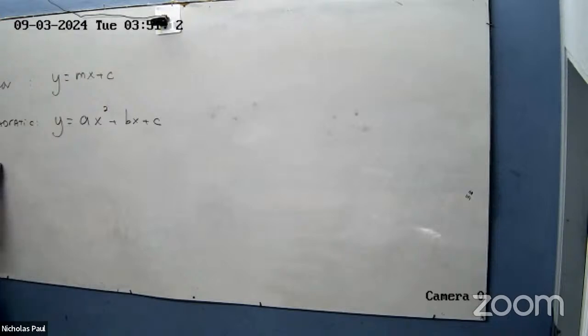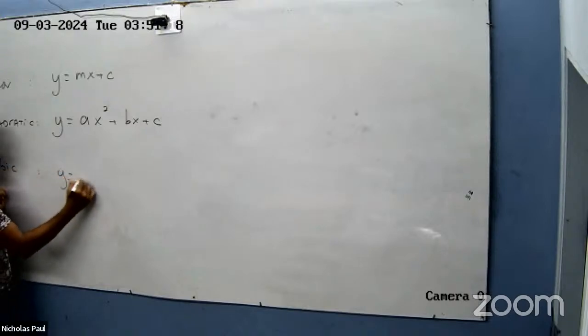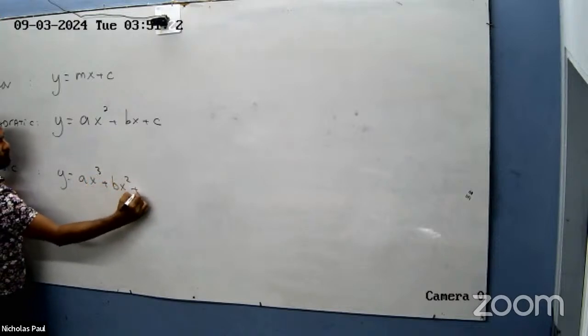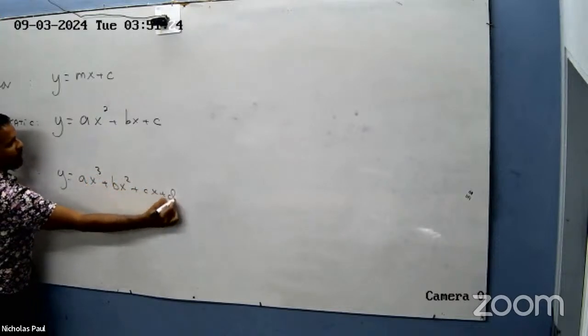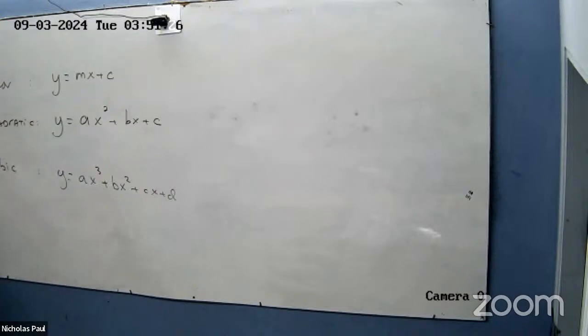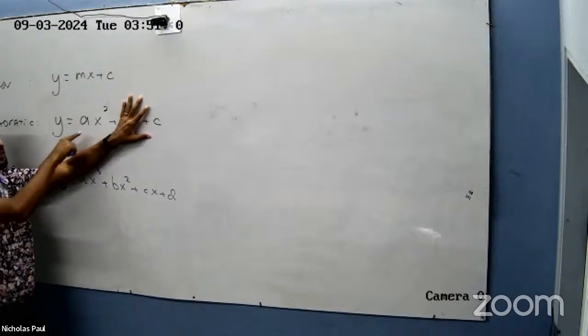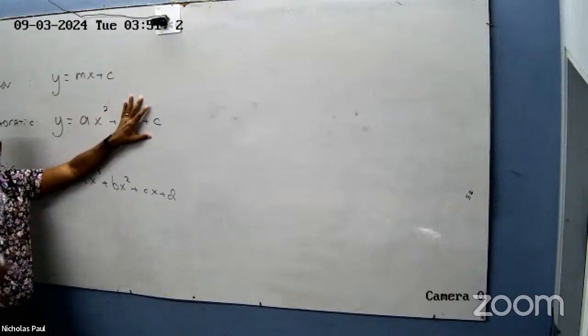There's a next one that we are going to use when we do remainder and factor, the cubic. The highest power of x is 3. Let's say I gave you an equation where it doesn't have this part of it. Once the highest power of x is 2, it's a quadratic.